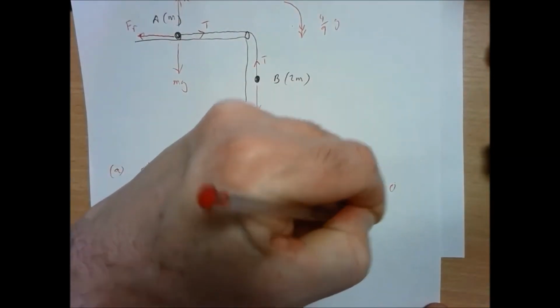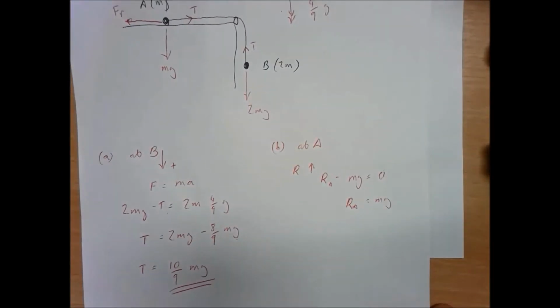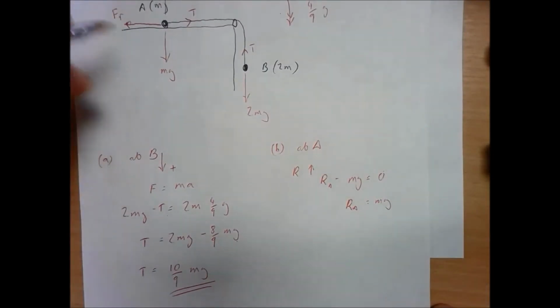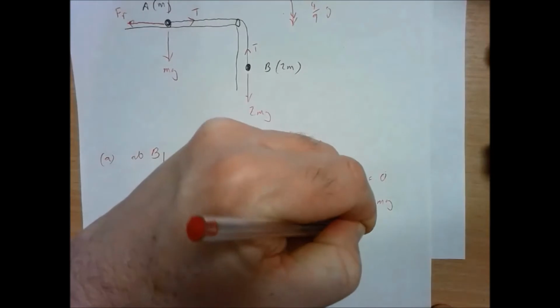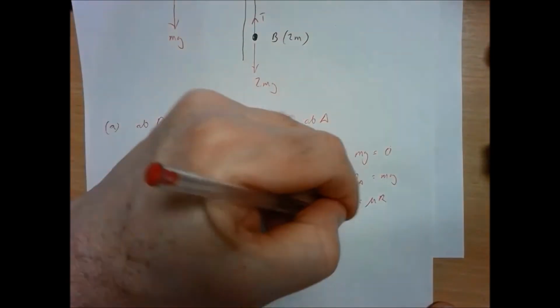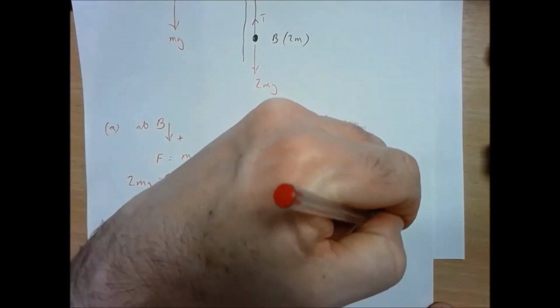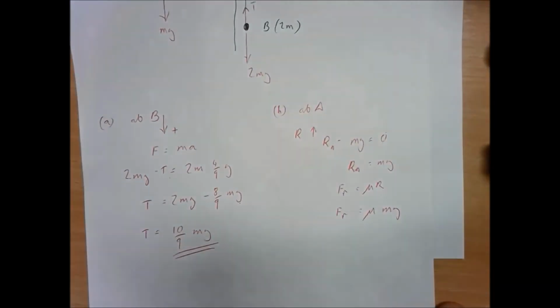So the reaction at A equals mg. And so friction equals mu R, and so friction equals mu mg.